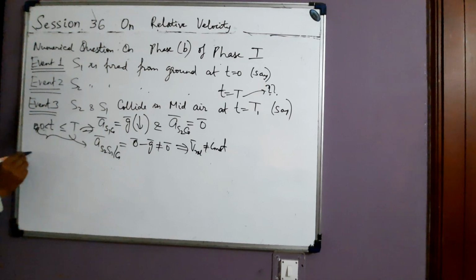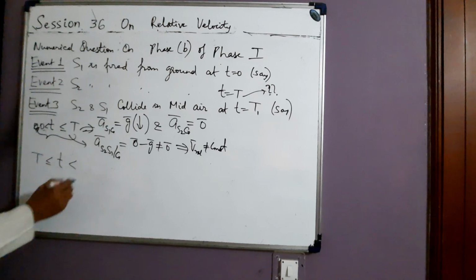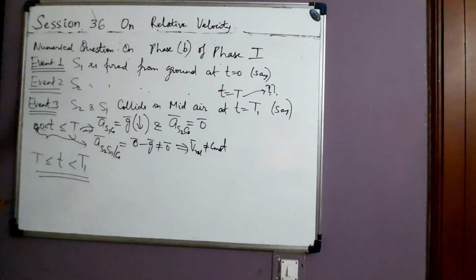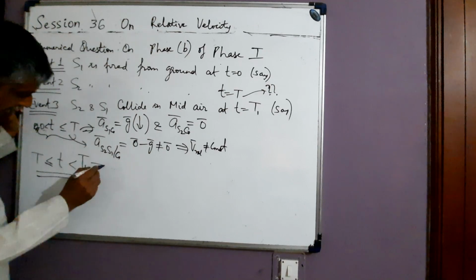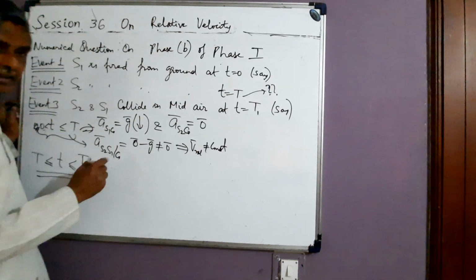But if we take the time interval t more than or equal to capital T and less than T1 seconds, in this interval, capital T to T1, both the shells are in air.